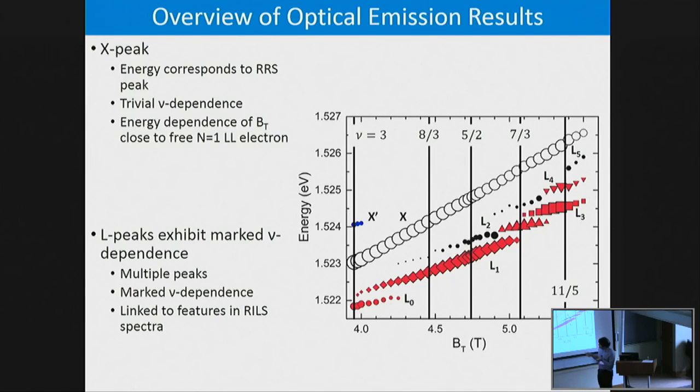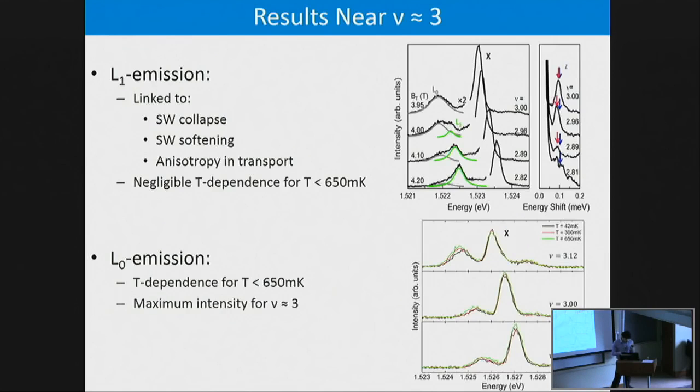As you can see, there's a very strong filling factor dependence on the intensity, and particularly near the 7/3 filling factor, the interplay becomes really striking. But first we're going to quickly look at the results near filling factor 3.